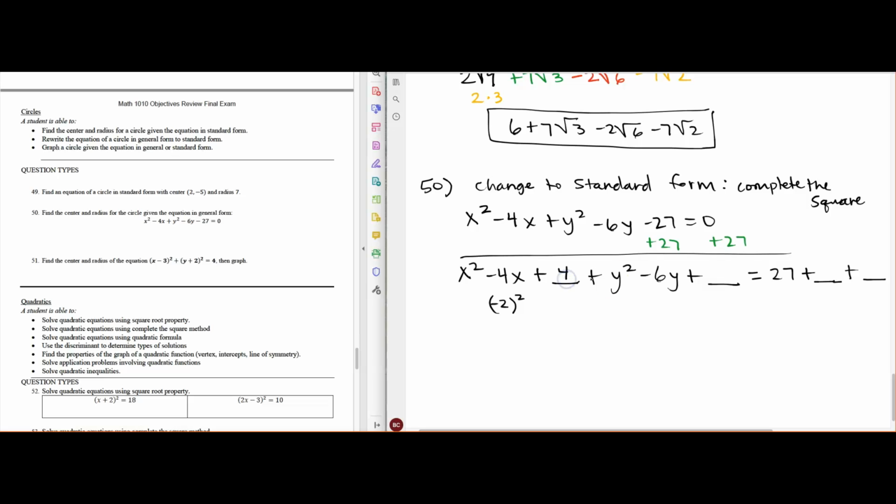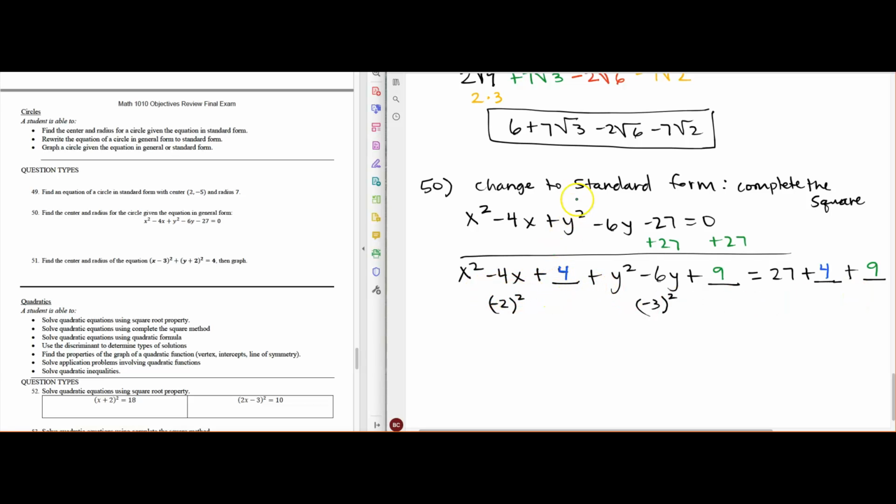That'll give me 4. Let's do it with colors here. Then I'll take half of the other one and square it, which gives me 9. Add 9 to the other side as well.